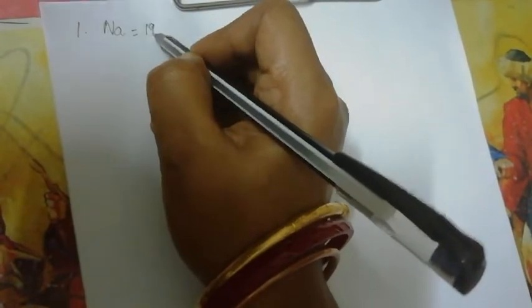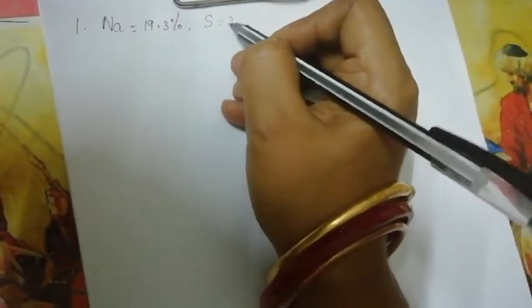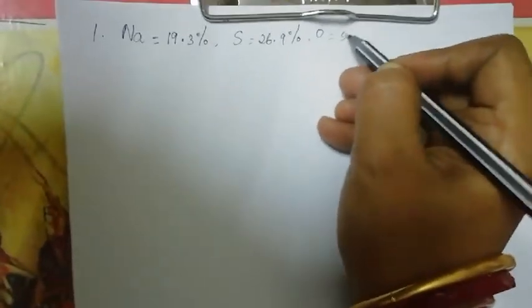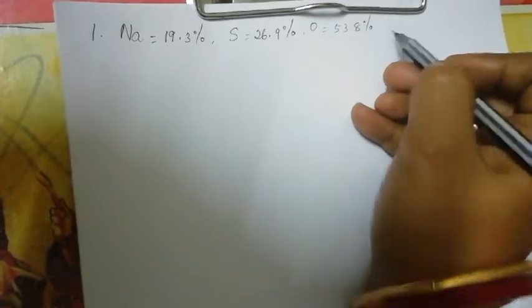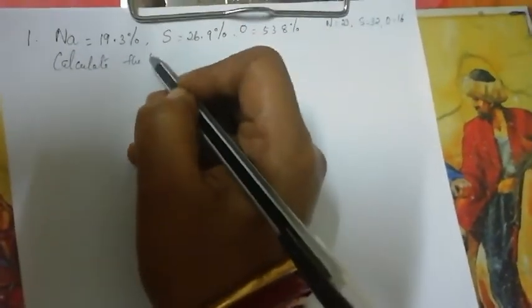Sodium has 19.3%, sulfur 26.9%, and oxygen 53.8%. Sodium has atomic mass 23, sulfur 32, and oxygen 16. This much is given, and you are supposed to calculate the empirical formula.